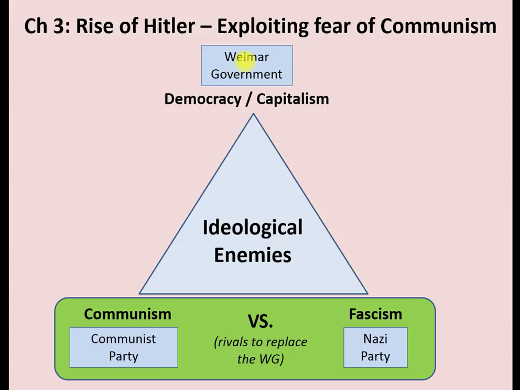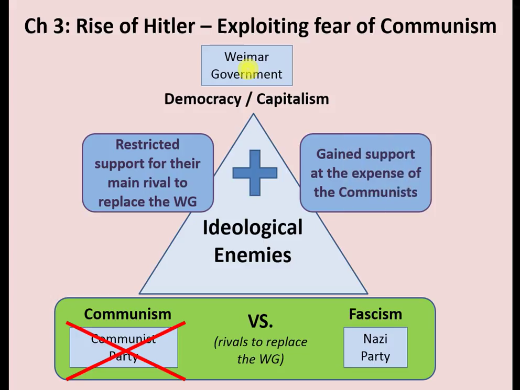Hitler's aim, of course, was to get rid of the Communist Party, so that if the Weimar government goes as well, he restricted the support for the Communist Party, which was the main rival to replace the Weimar government, and then he could gain support from them. That means people who supported the communists would support Hitler instead. This would lead to the Nazis' rise to power as the Weimar government disappears, and Hitler would be the one to take over. So how did this happen?